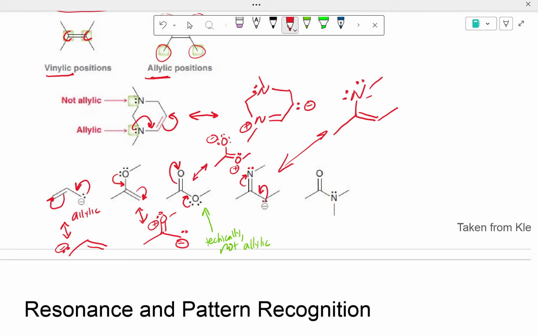And now this nitrogen has the negative charge. Again, don't forget your formal charges. And then with this last one, I'll use the lone pair on the nitrogen as if it were allylic, and draw this as my resonance structure.